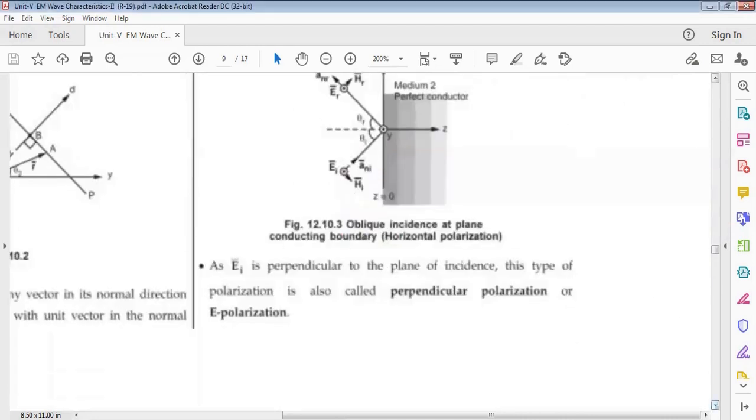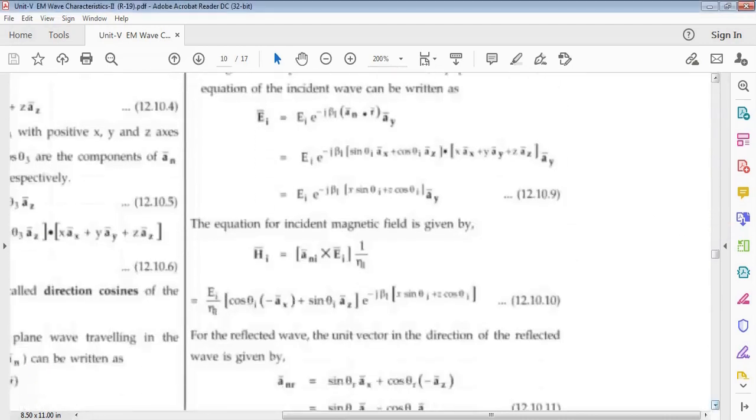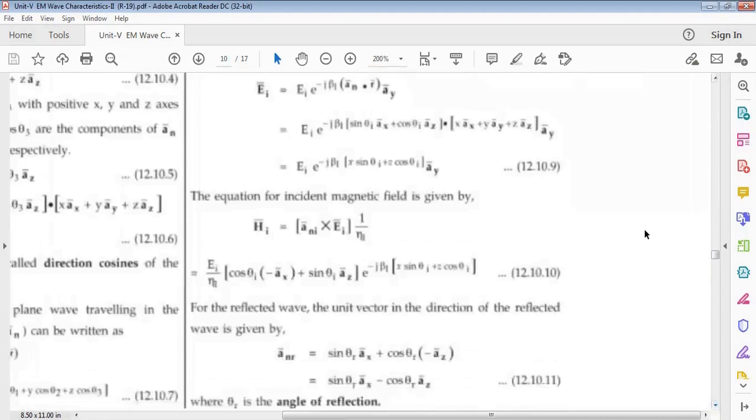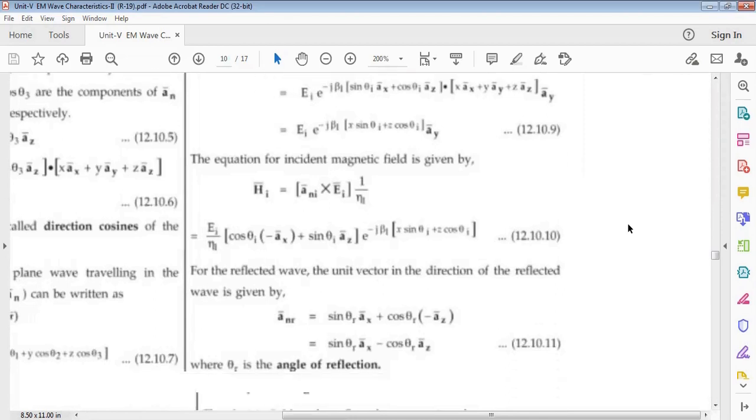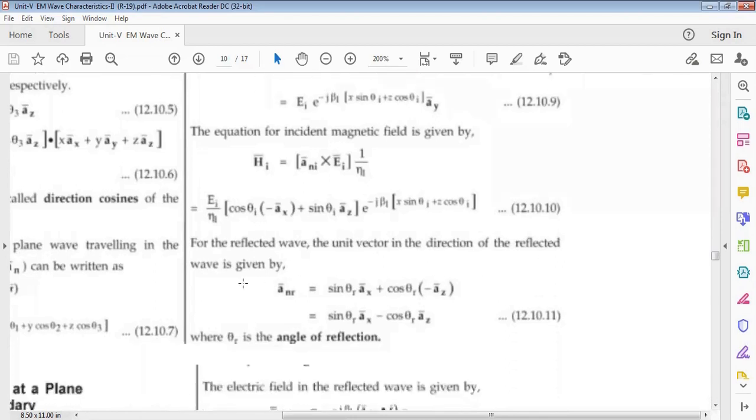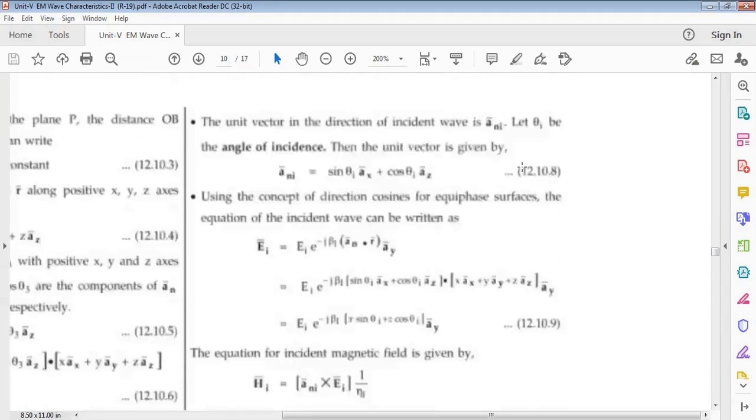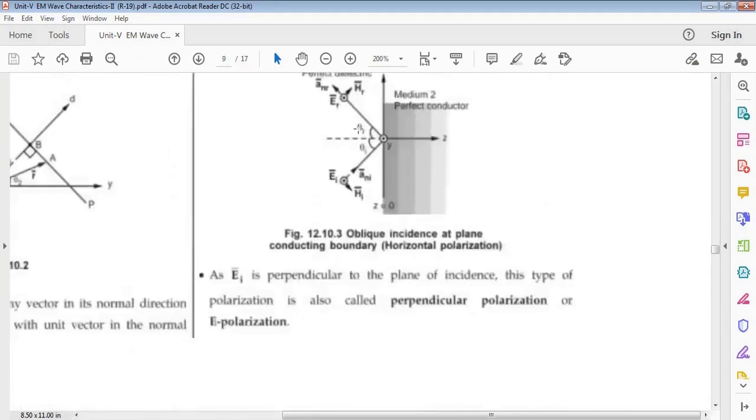Now we got the two equations, the electric field and the magnetic field of the incident field. Now we can find out the reflection for the reflected wave. The unit vector in the direction of the reflected wave is given by ANR. I already told you the ANR is equal to, from this right angle triangle, starting here, opposite to the Z direction and the positive X direction.